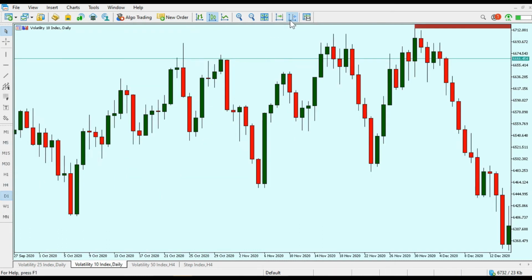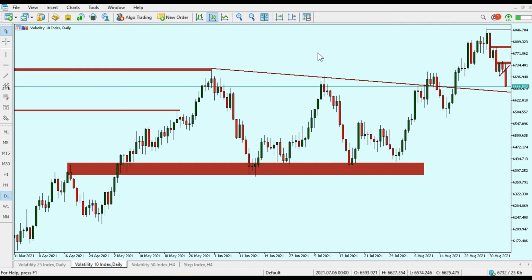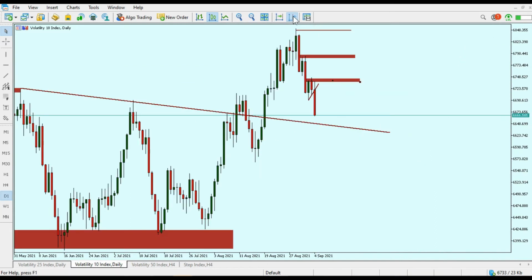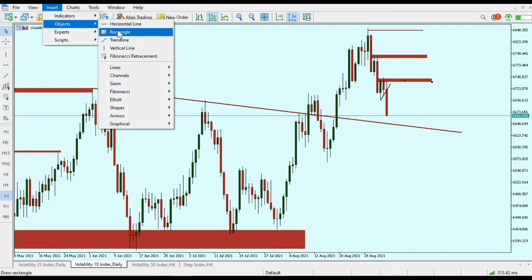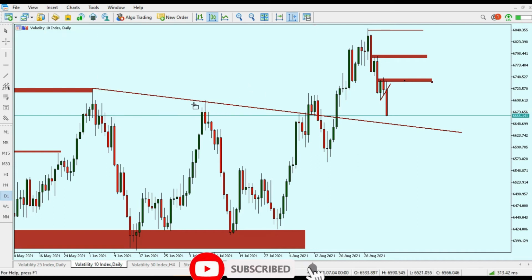So let's go to the lower time frame, which is the daily. We can equally see the trend line clearly here. This is a trend line that I highlighted here, and then we expect a retest of this trend line, and then probably we have a support here. We have a strong support here also.